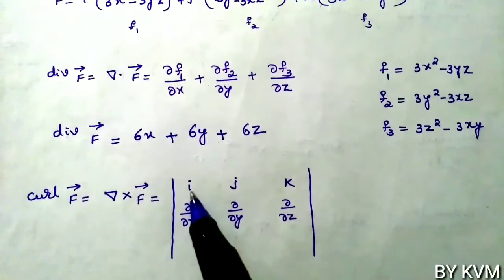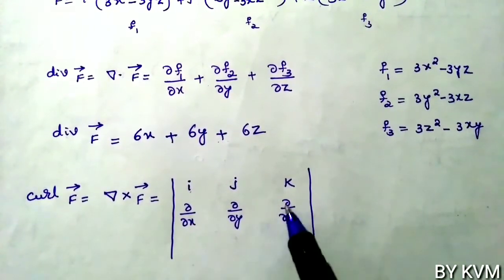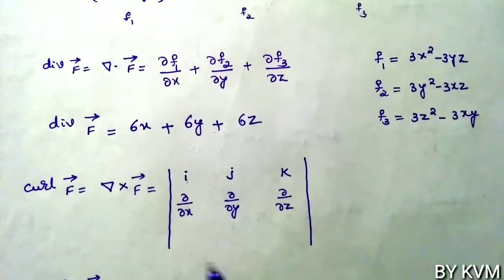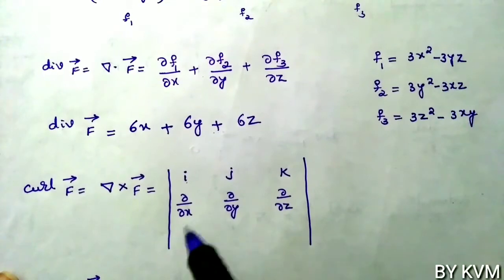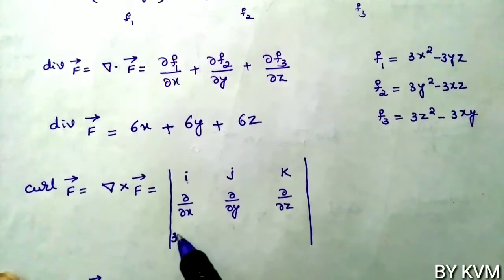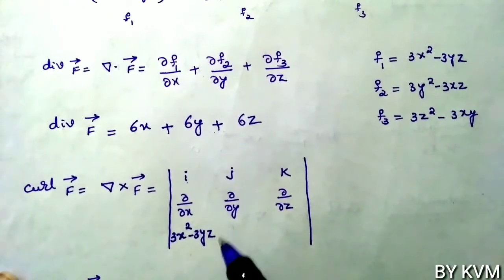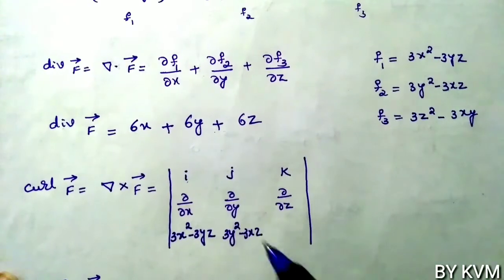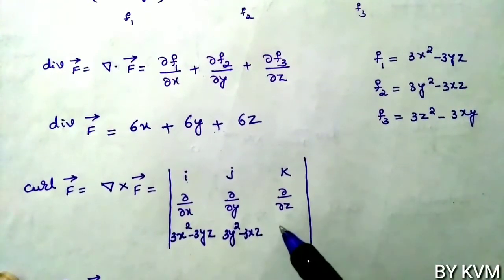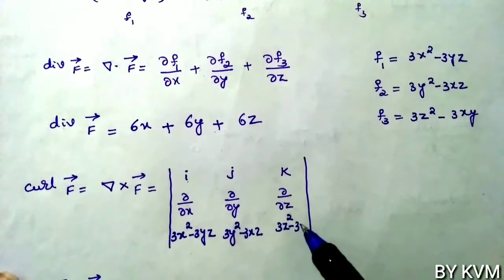So that is determinant first row i j k, second row dou by dou x, dou by dou y, dou by dou z. So third row coefficients of i j k in vector f. So that is 3x square minus 3yz, then 3y square minus 3xz, then 3z square minus 3xy.